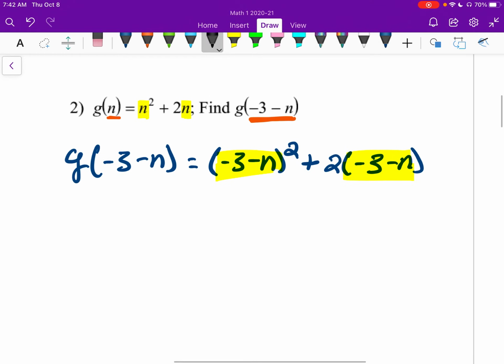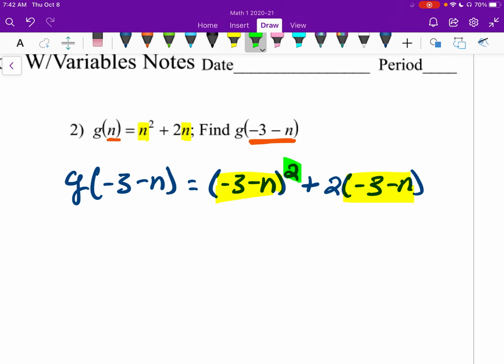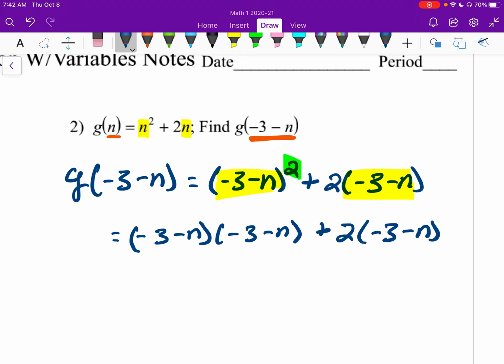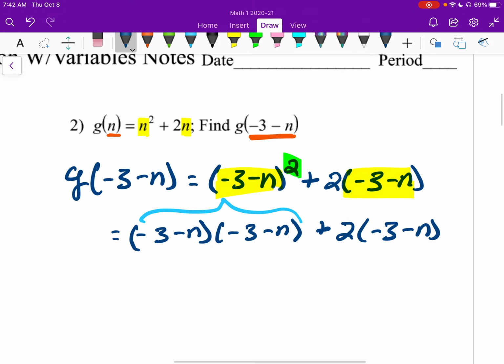Now, whenever you have something with the exponent of 2 right here, that really means that you have 2 of them multiplied together. So I'm going to write it separately so that we can distribute correctly. This is the same thing as (-3 minus n)(-3 minus n) plus 2 times (-3 minus n). So this guy here turned into 2 of them. Now we're just distributing and combining like terms.